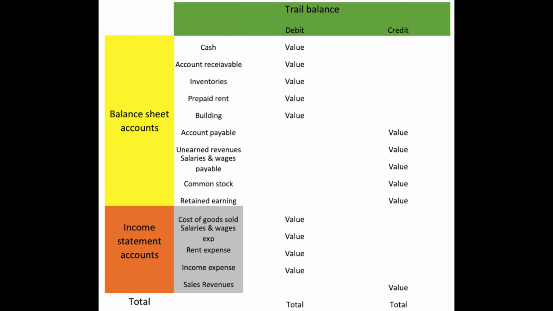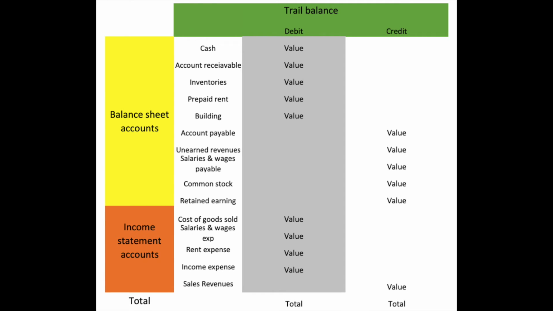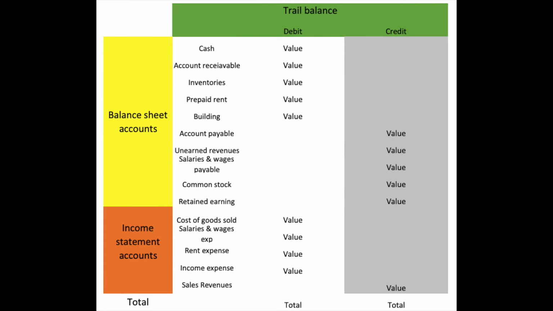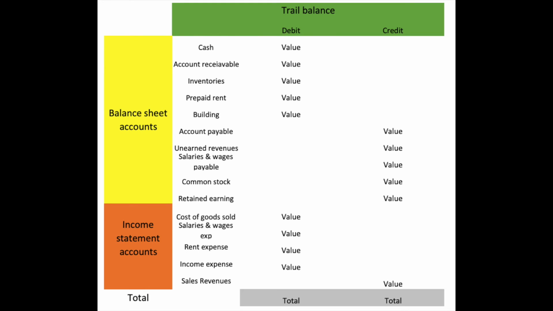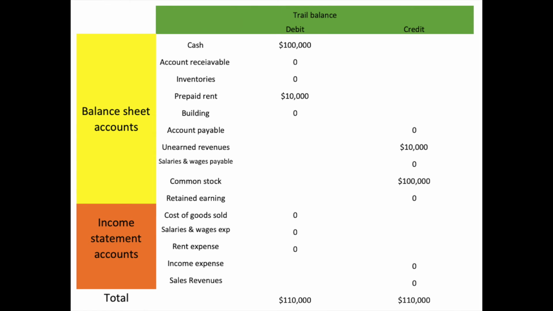All nominal accounts. 4. Debit side with numbers. 5. Credit side with numbers. 6. Total of debit side and credit side. Accountants create trial balance from ledger's accounts.